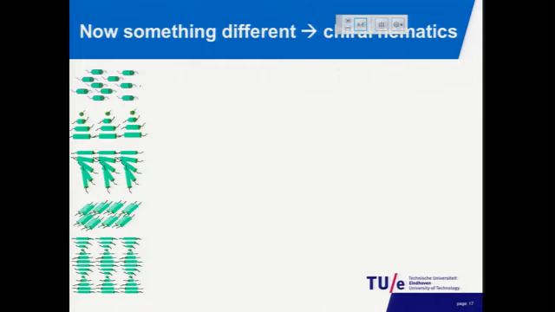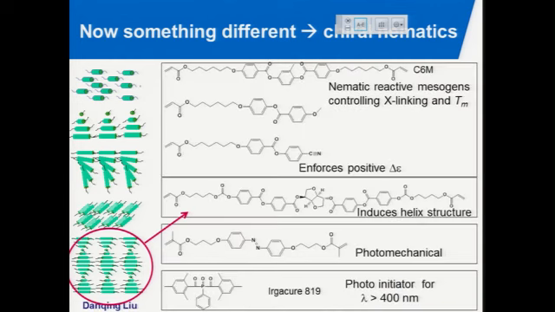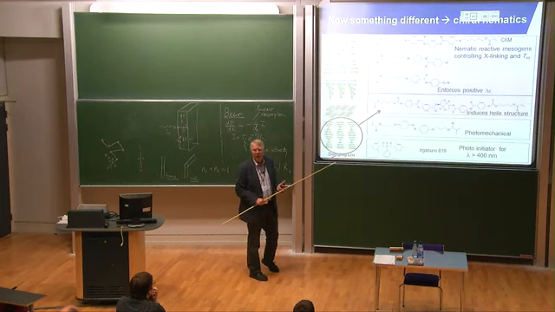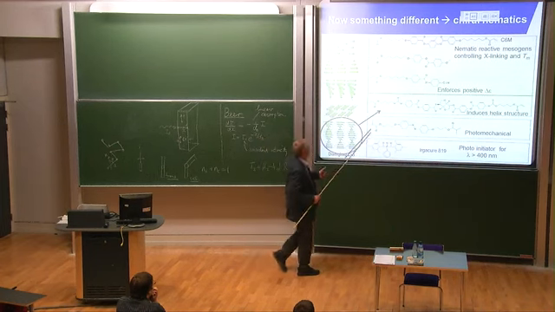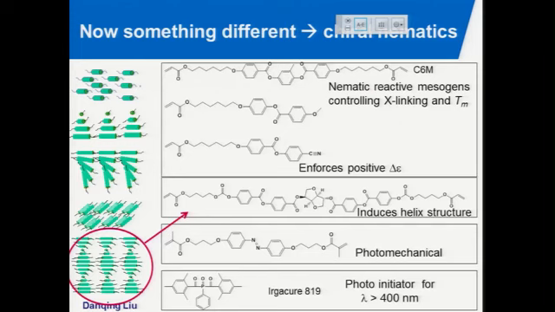Now something different. We go to the chiral nematics, what is underneath. We go to systems where we have used chiral dopants to make this helicoidal order in the system. And just to give you an impression, I realize that not all of you are chemists, how these materials are being made. This is a typical composition of a film like that.